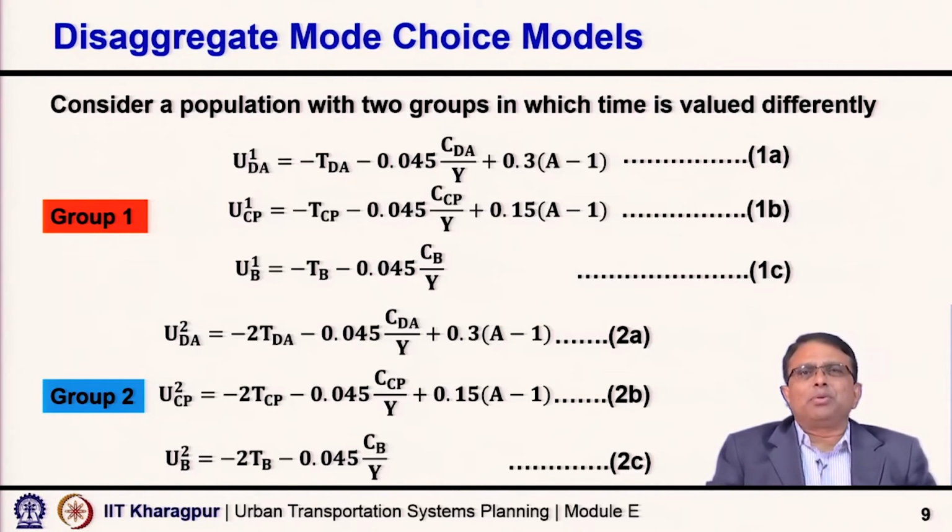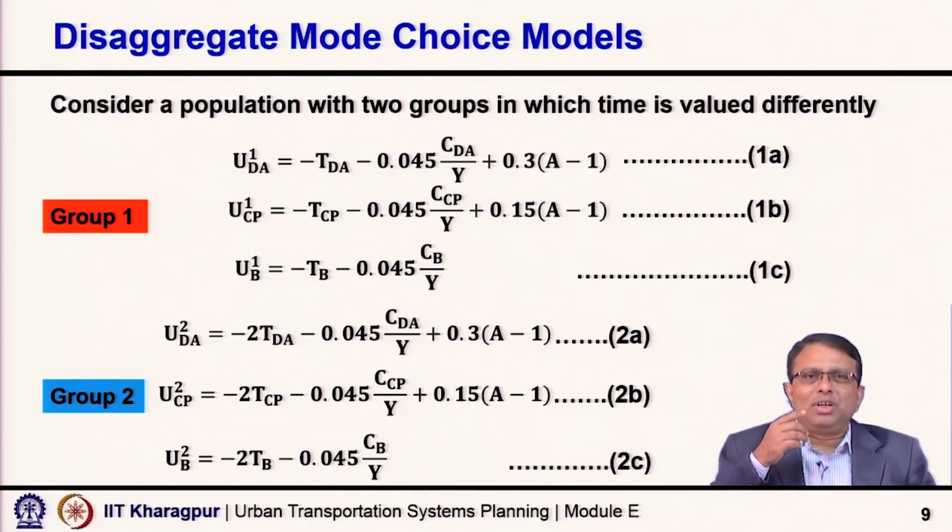To take this example forward, let us consider that we took the same utility equation, weightages are all the same, coefficients are all the same, but now let us consider there are two groups of people. Again for simplicity, in reality it is not even two, it may be many groups, but just to convince you I am taking two groups.